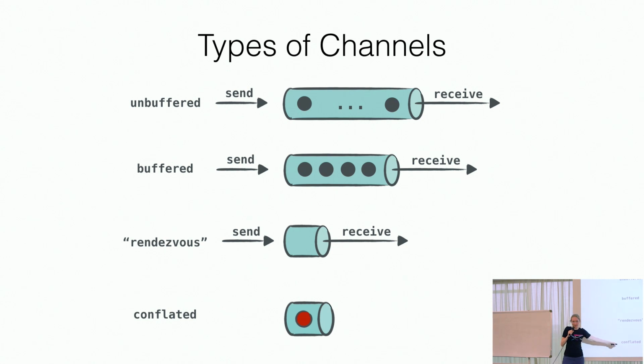And the last one called conflated, which just loses the previous elements. When someone calls receive, it just receives the last element that was added to this channel.